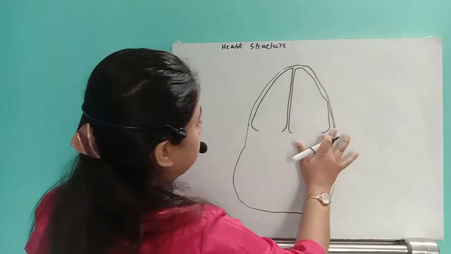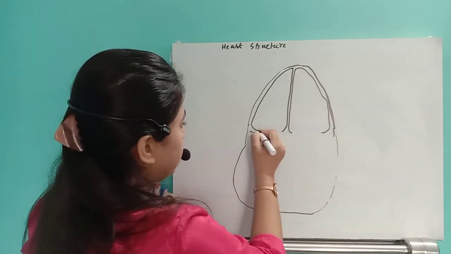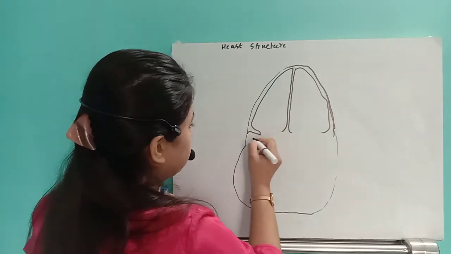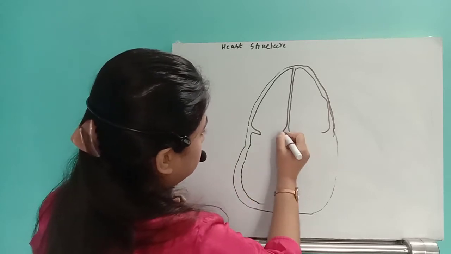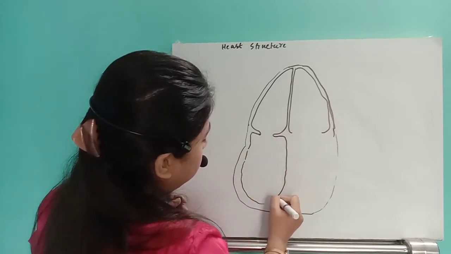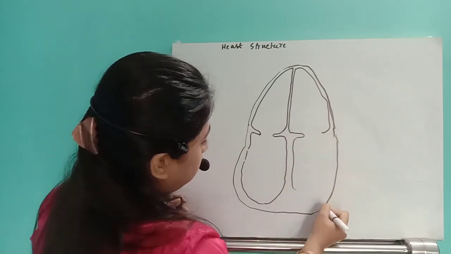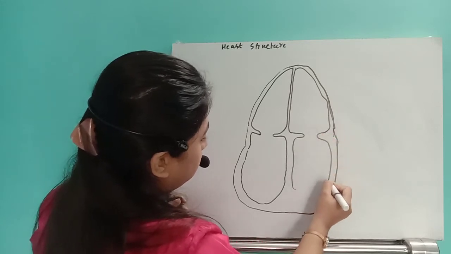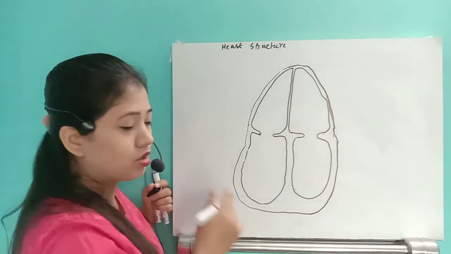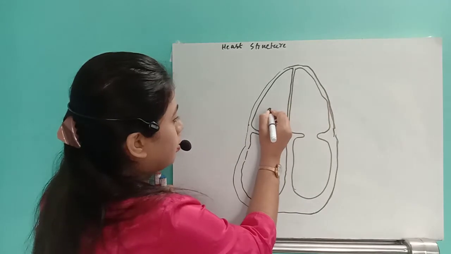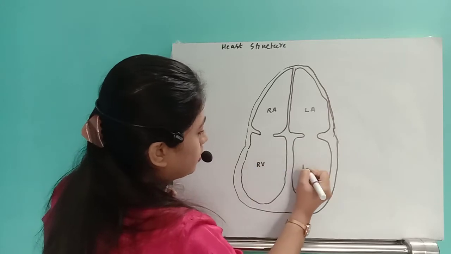This membrane I have drawn is very thin. Then after that you just see here, this membrane is a little like this. So first of all, you just see four chambers are present. This is the right auricle, this is the left auricle, this is the right ventricle, this is the left ventricle.